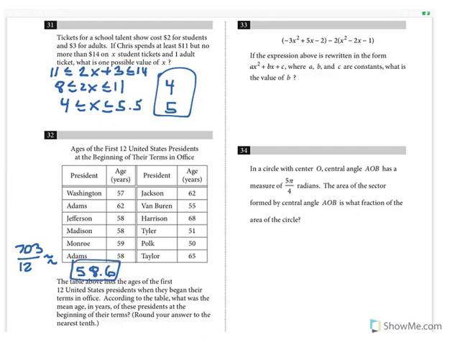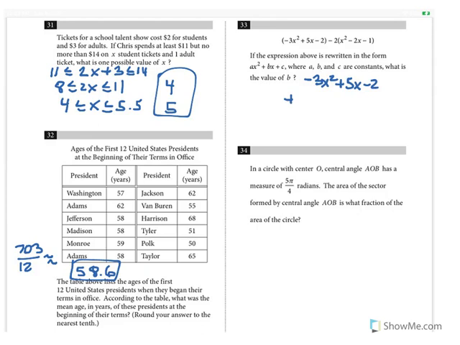All right, negative 3x squared plus 5x minus 2 times the quantity x squared minus 2x minus 1. If the expression above is rewritten in the form ax squared plus bx plus c, where a, b, and c are constants, what is the value of b? All right, so don't let the wording on this one throw you off. What we have here is negative 3x squared plus 5x minus 2, and then let's distribute that negative 2 across that second one.